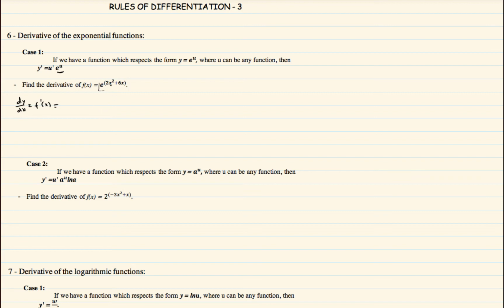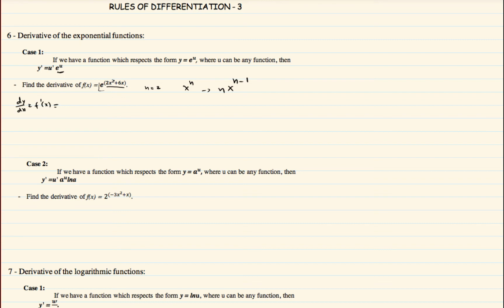And to do that, what is the derivative of 2x squared plus 6x? We have seen that when we have an expression such as x raised to n, its derivative becomes n times x raised to n minus 1.